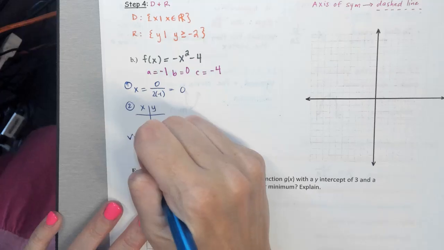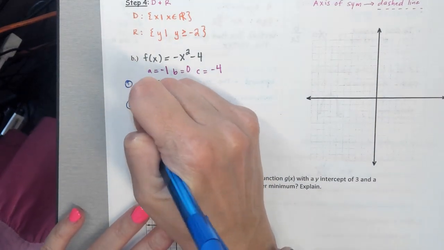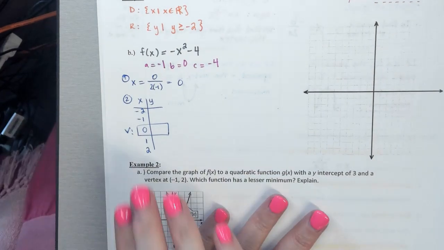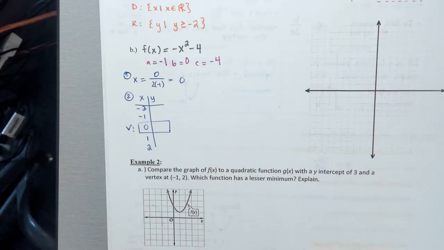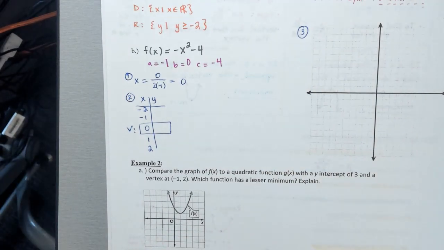You could just do 1 and 2. If you wanted to do like 2 and 4, you could do that. That part is up to you. And then let's find our y's, and then you can plot and find your domain and range.